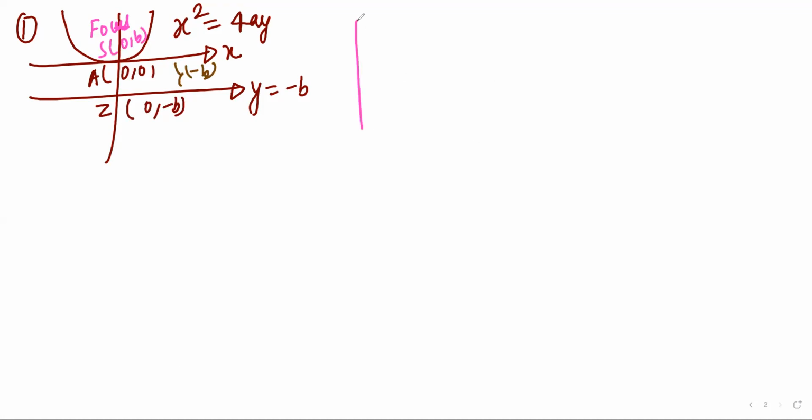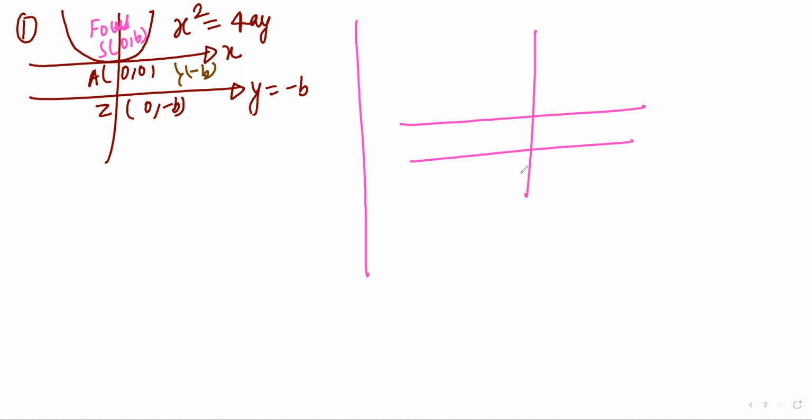right. In the similar case, if the parabola is vertically downward, then what will be its equation? This is x square equal to 4by, right? We are not using a here, na? So it will be b. So the equation of this will be x square equal to 4by.